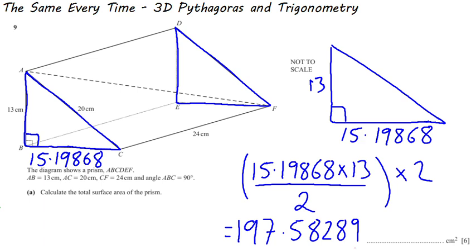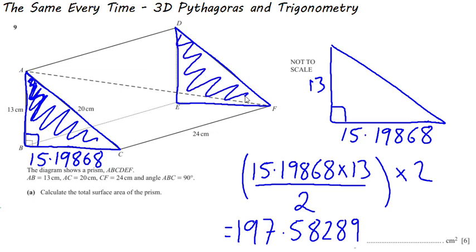I used the full calculator answer for the 15.19868 because that was still on my calculator. I've written this one down to 5 places after the decimal point. We are going to have to use it again, so we don't want to round too early. So far, I've got the front triangle face plus the back triangle face.